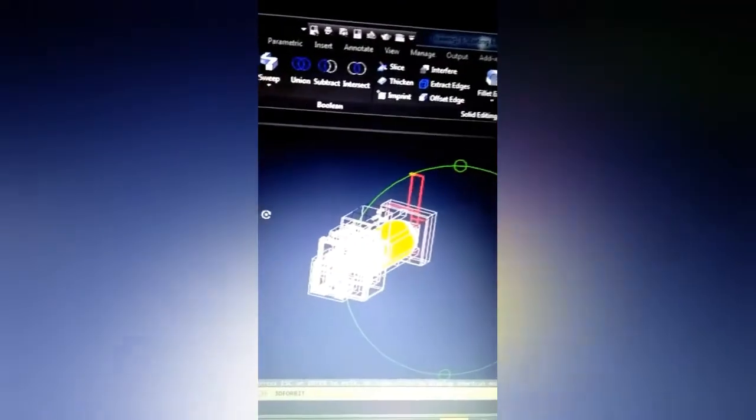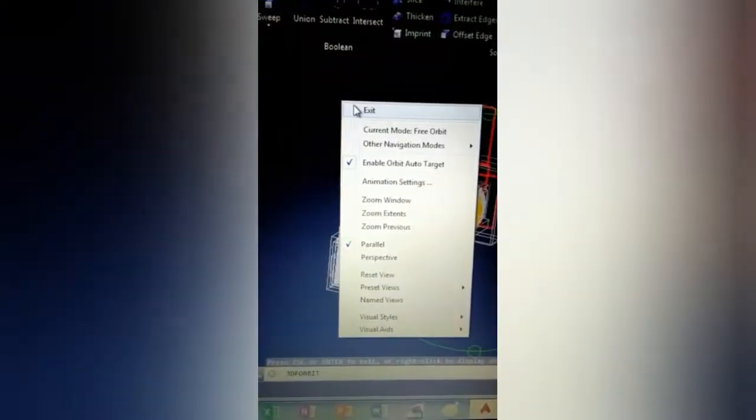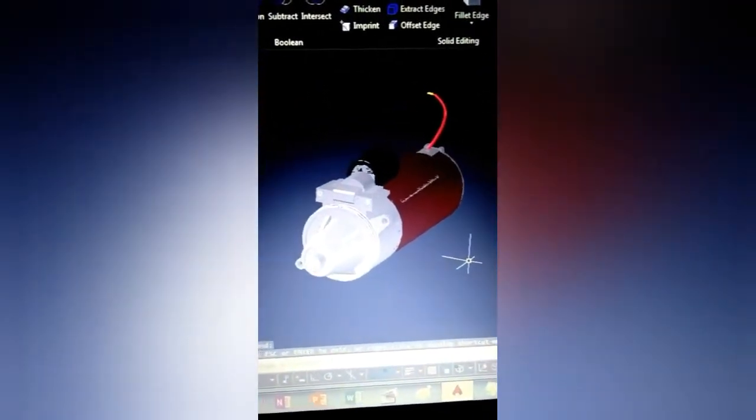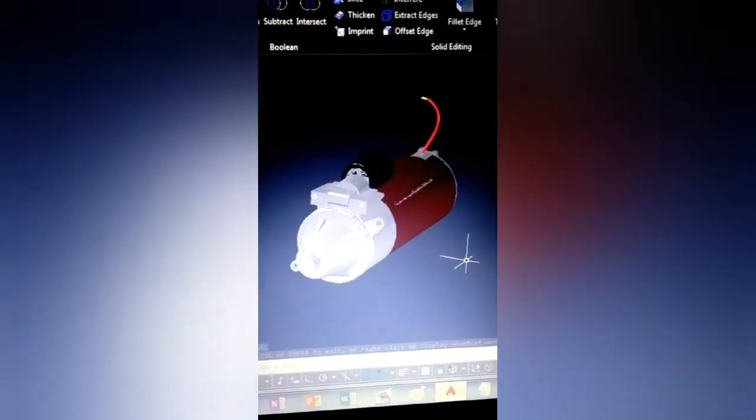and this is the composed original parts or original starting motor that we have created.